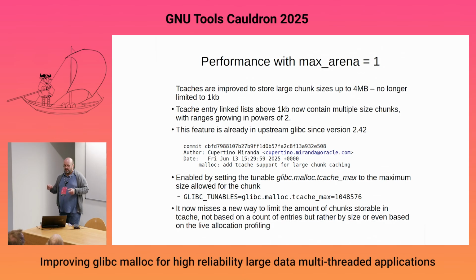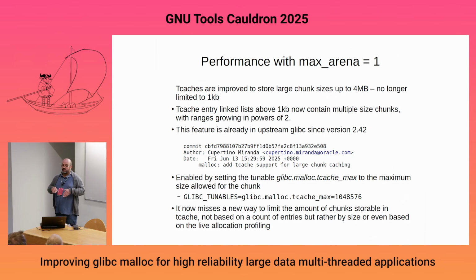And you'll have a different tunable that specifies the amount of memory that you can have in each Tcache. Each time you free a chunk, you annotate it with that number.